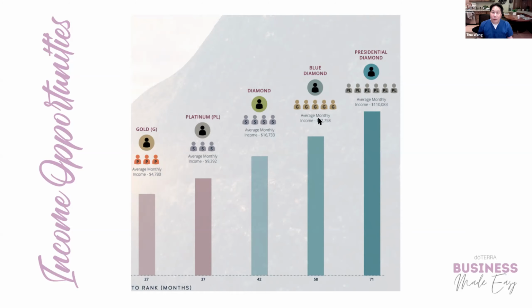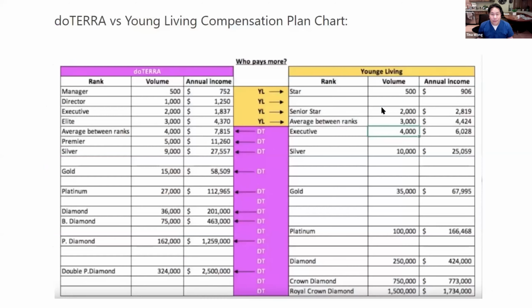And blue diamonds will get almost $40,000, $37,000. And then can you imagine earning $100,000 a month in residual income? If you multiply that by 12 months, that's $1.2 million in residual income. That is a nice way to retire or have financial freedom.